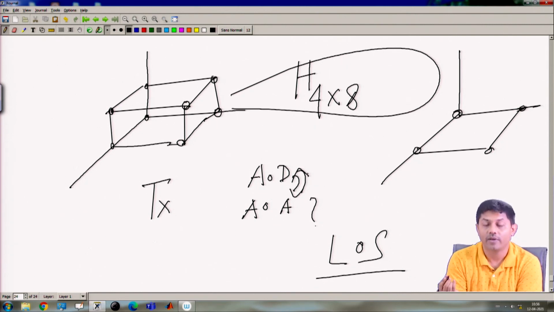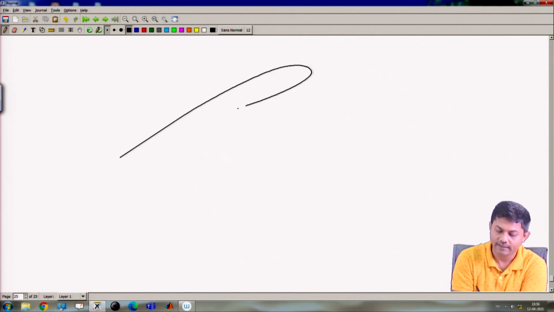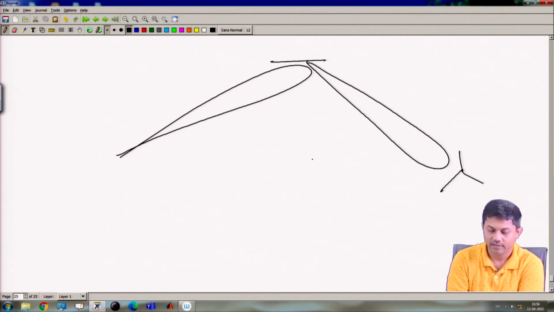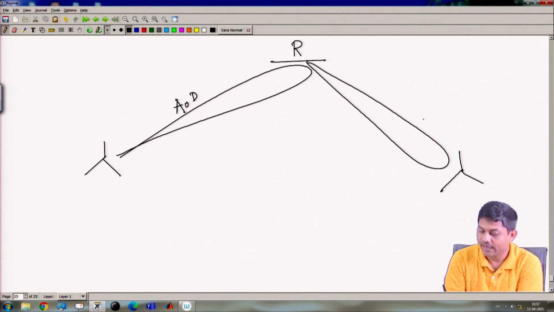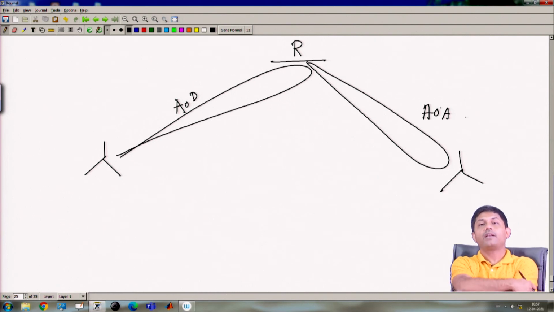It will be a problem only if there are reflectors, because if there is a reflector, this beam will be going like this, but with the reflection the beam is getting reflected toward the Rx side. So, in this case, suppose only one reflector is present, the angle of departure and the angle of arrival at the receiver will be different, because the reflector changes the angle of arrival and angle of departure.